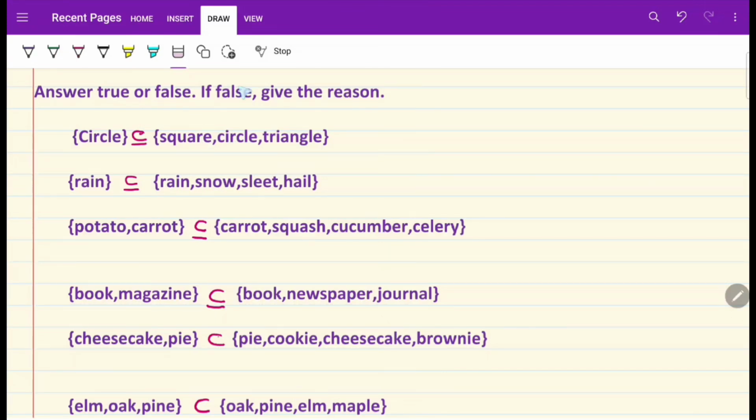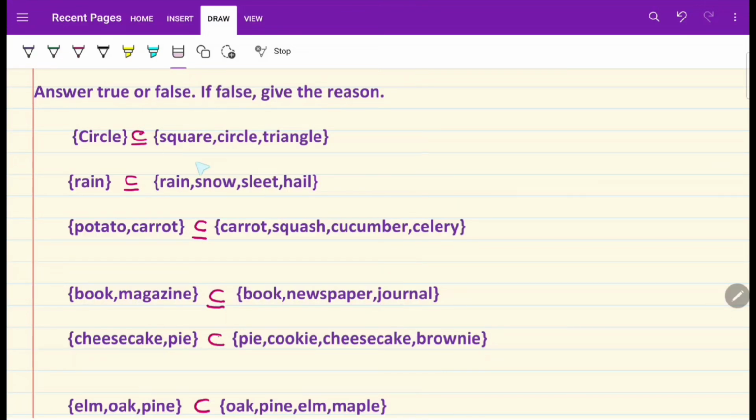So the statement is essentially saying that the set containing circle is a subset of square, circle, triangle. Now think about the property of a subset.